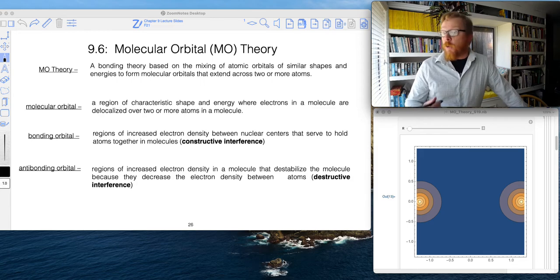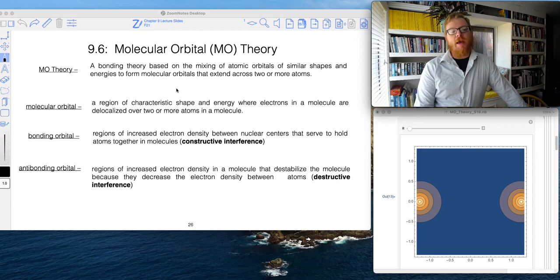So let's go through a few definitions here. MO theory is a bonding theory based on the mixing of atomic orbitals of similar shapes and energies to form molecular orbitals that extend across two or more atoms. So we're starting simple, right? Two atoms basically is all we'll really look at in this class.